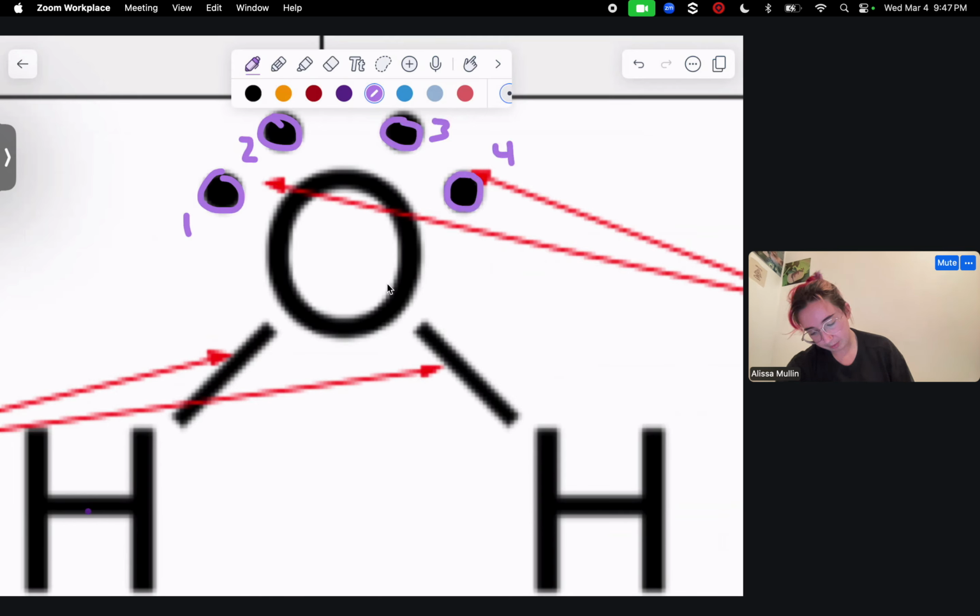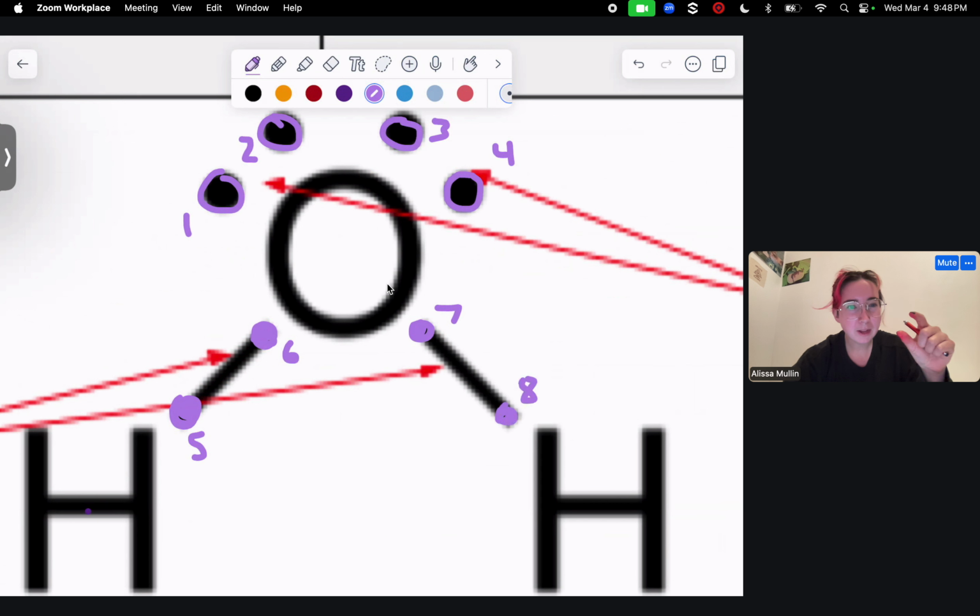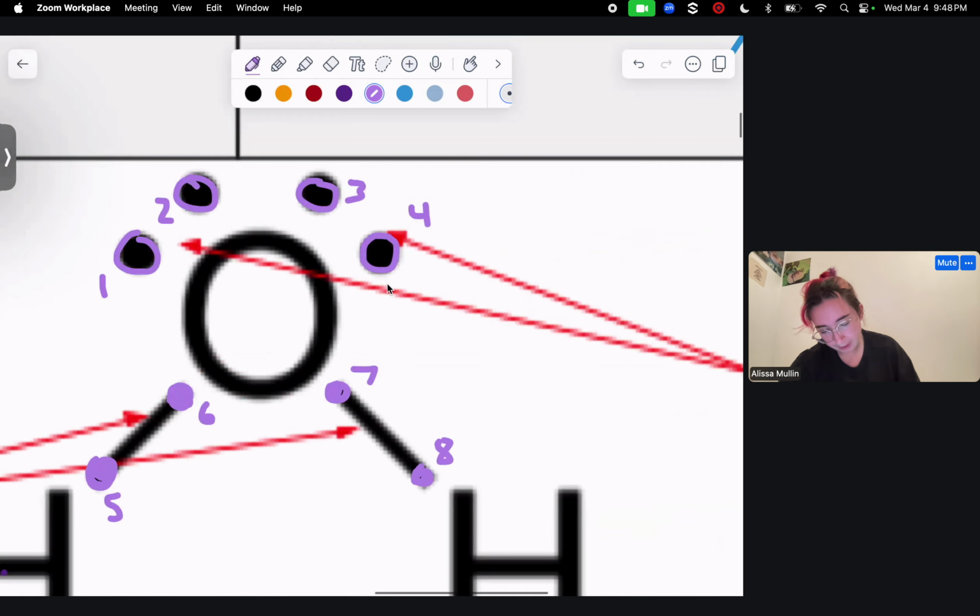And there's a line. And remember, you can draw it like this if you prefer. The line is representing 2 electrons. So my 5th and my 6th electron attached to oxygen. And then over here, another line, my 7th and my 8th. So you're looking at your atom, and then you're looking at anything attached to it. And that's how many valence electrons it has. So from counting it out, oxygen has 8.